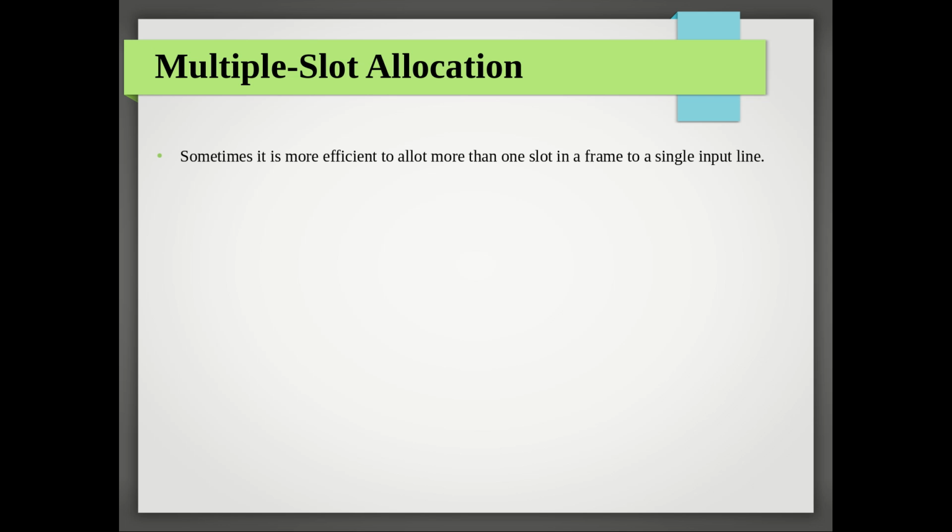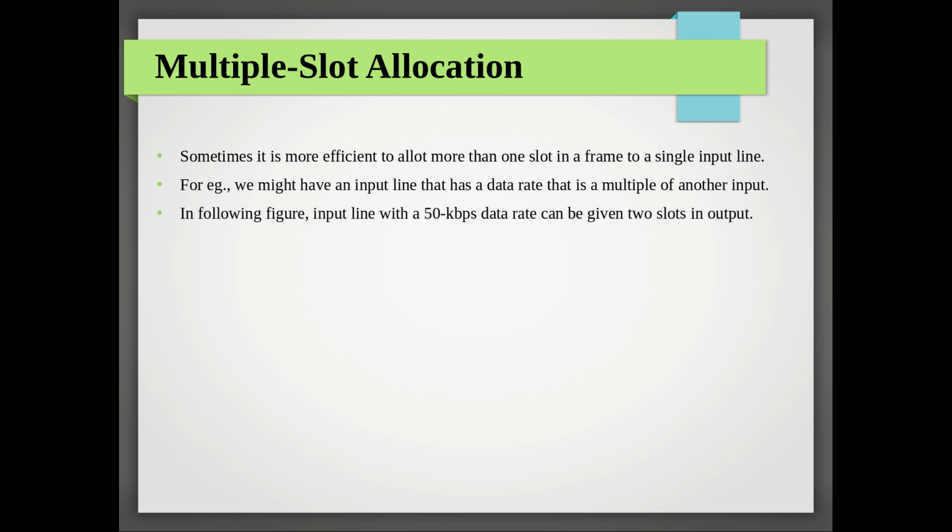Sometimes it is more efficient to allot more than one slot in the outgoing frame to a single input line. For example, we might have an input line whose data rate is a multiple of another. Just like the previous case, the multiplicity concept should be here also, but in a different way. In the following figure, we have an example where an input line with 50 kilobits per second can be given two slots.